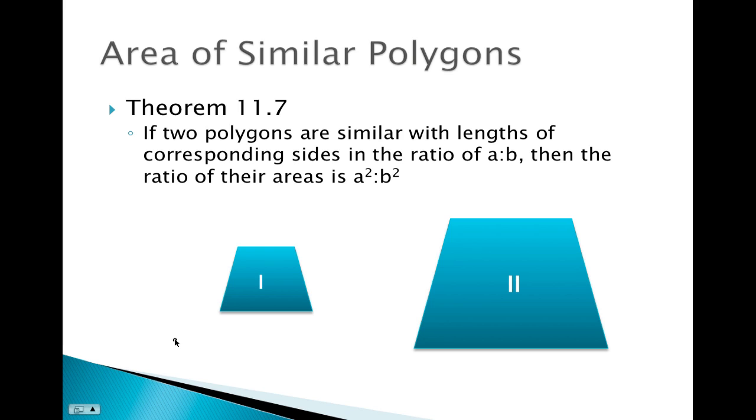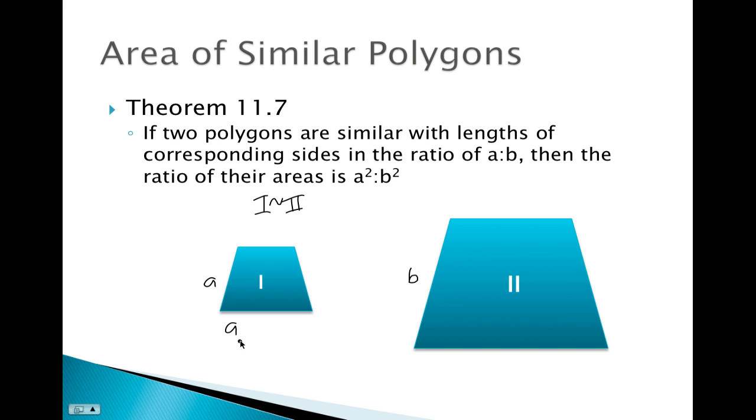So we have two similar polygons here. Polygon 1 is similar to polygon 2, and specifically they are similar in a ratio of A to B. That means their side lengths are in that ratio.